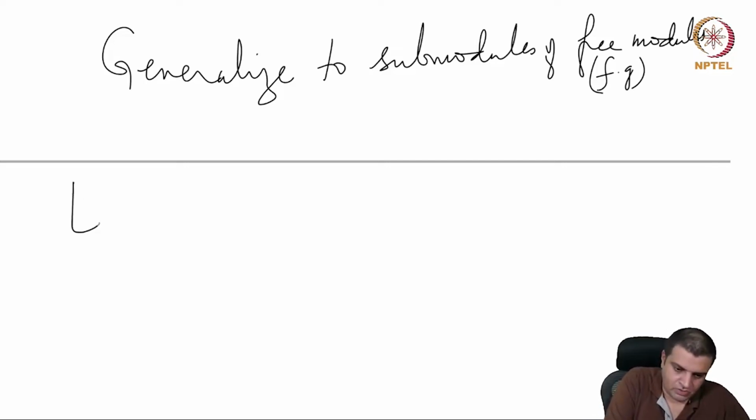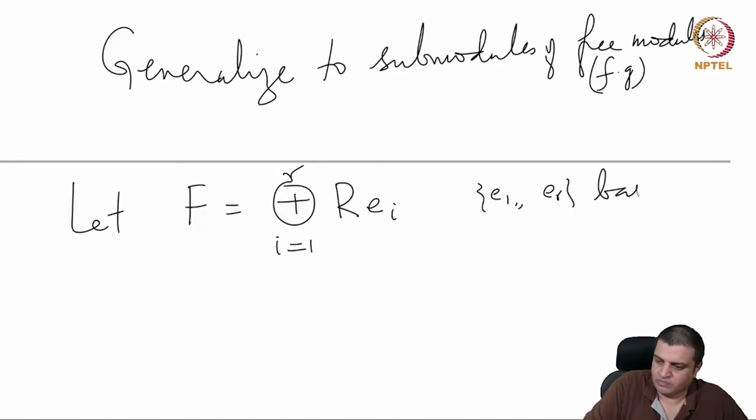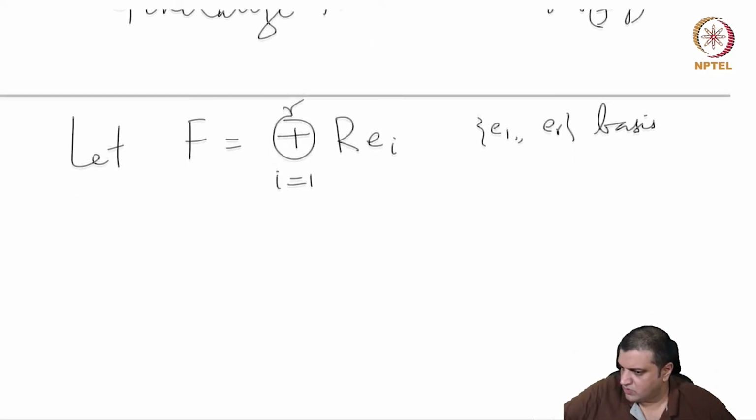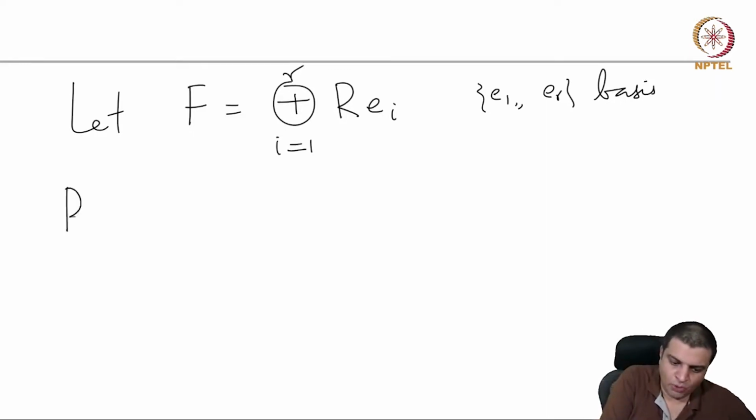So let F be a free module with a given basis of rank r, so e_1 to e_r is the basis.